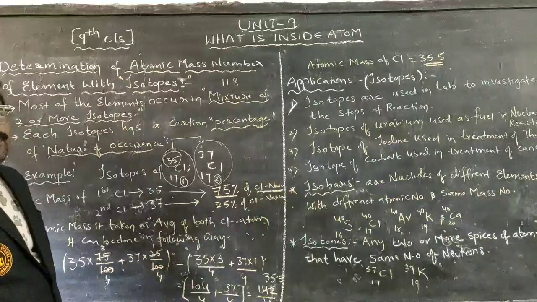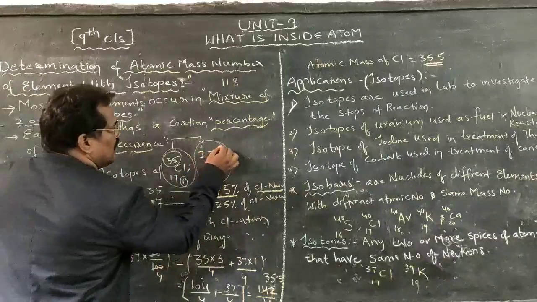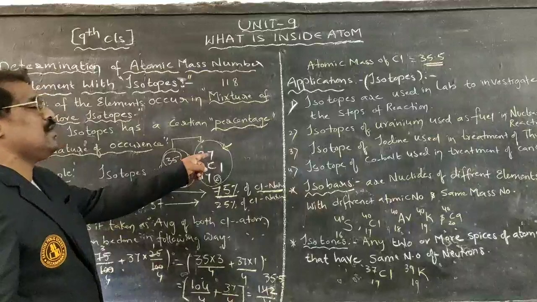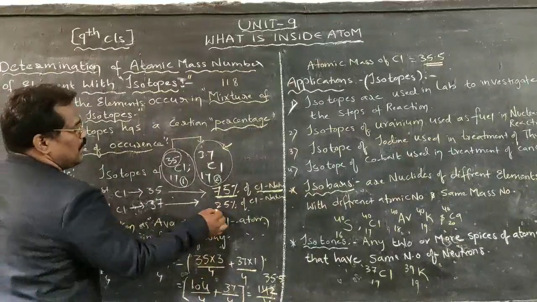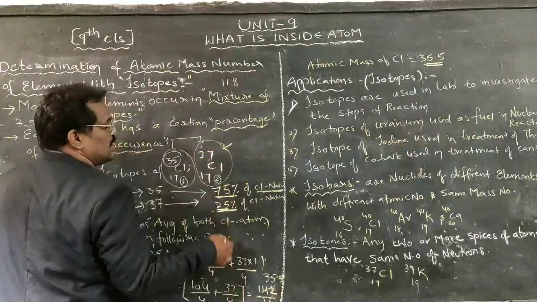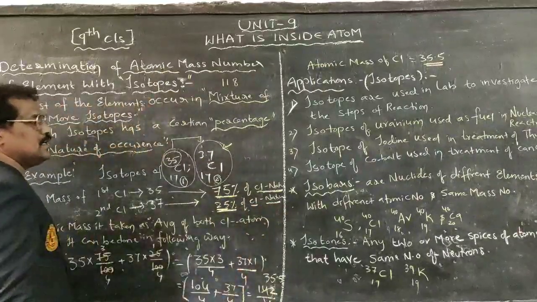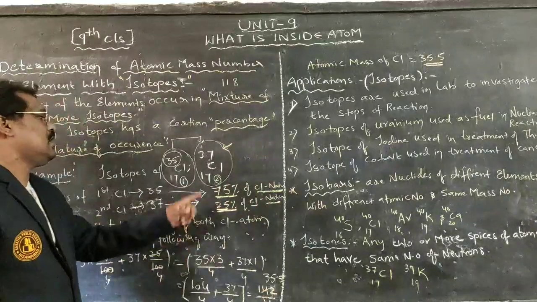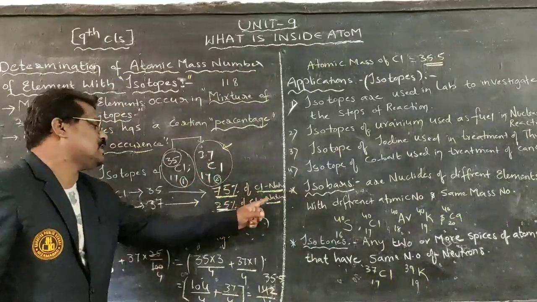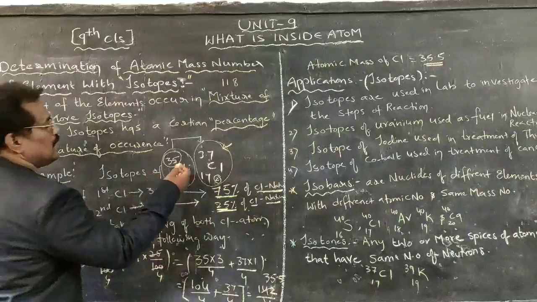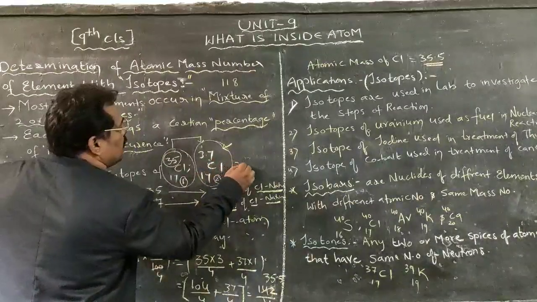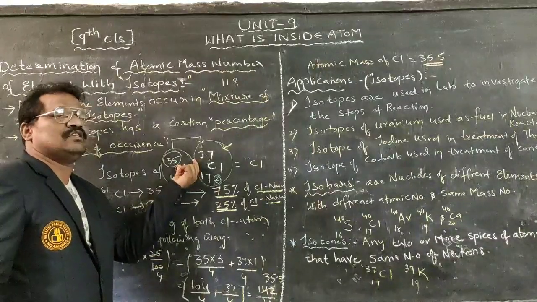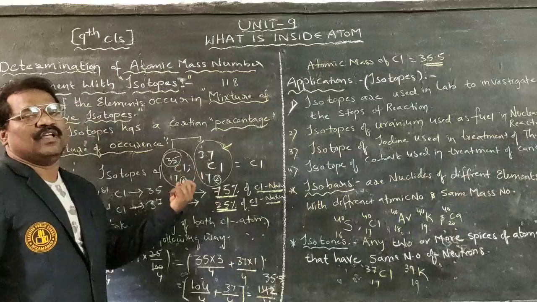Whereas the other chlorine, with atomic number 17 and mass number 37, is 25% of chlorine in nature. If you want to calculate the atomic mass of the chlorine atom, we have to consider the average of these two atomic masses.